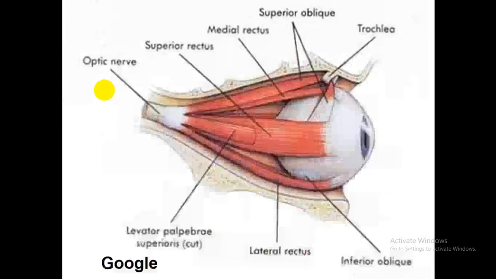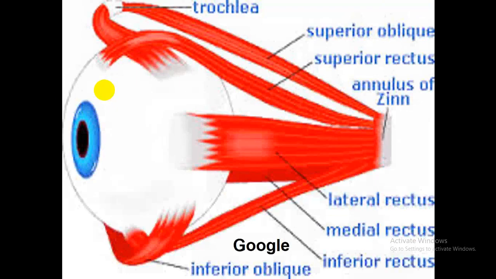The four recti muscles, as we said, are the superior, inferior, lateral and medial rectus. All these muscles arise from a common ring tendon which surrounds the margin of the optic canal and encircles the optic nerve.